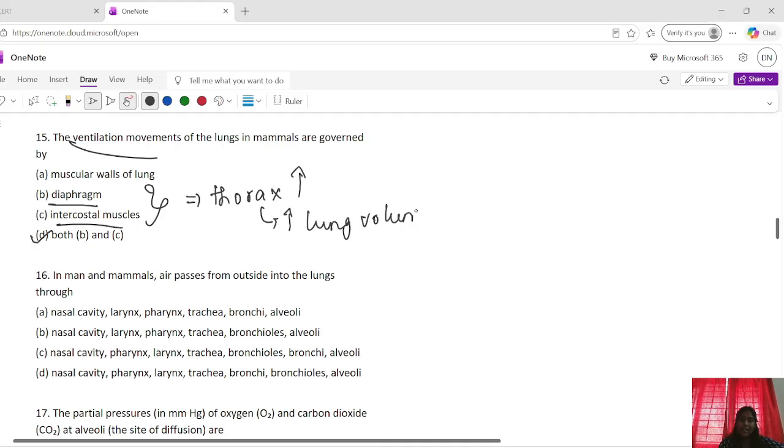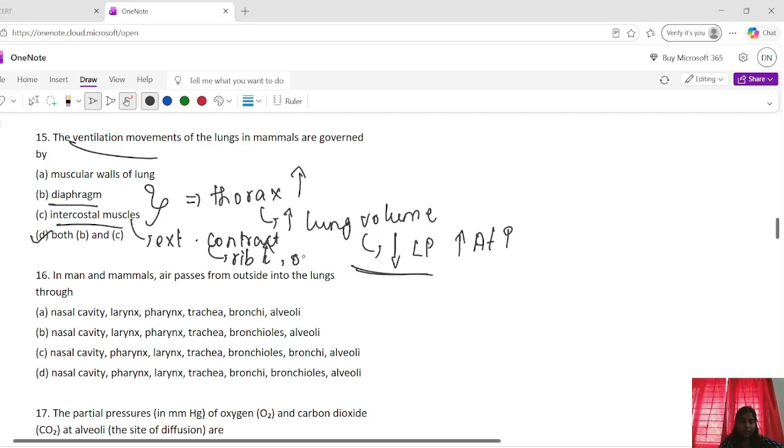And when there is an increase in the lung volume, lung pressure will be low and atmospheric pressure will be high. And now the air enters into the lungs. And when the external intercostal muscle contracts, what will happen? It will move the ribs upward and outward, and it will move the sternum forward.